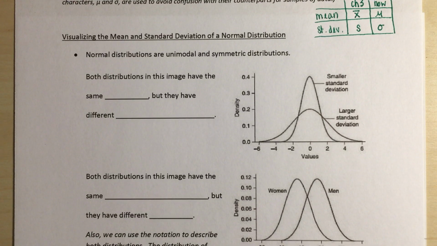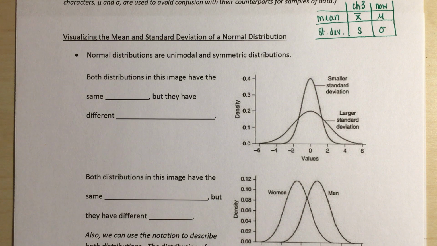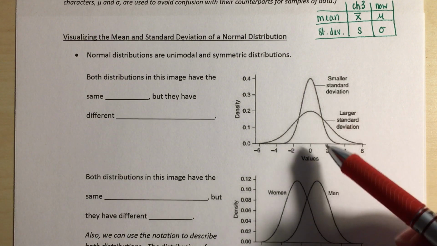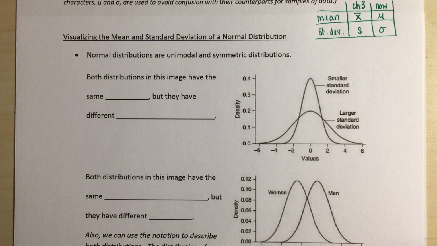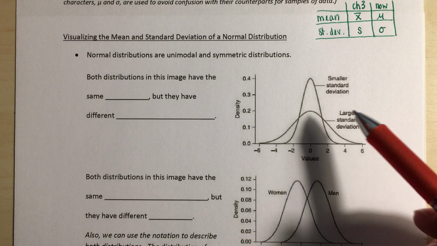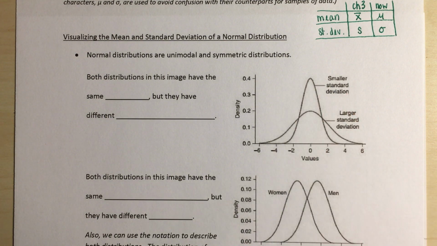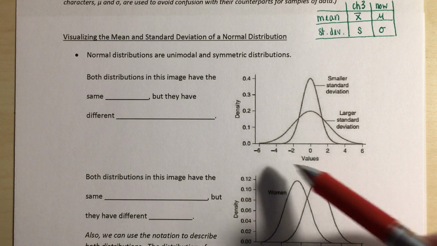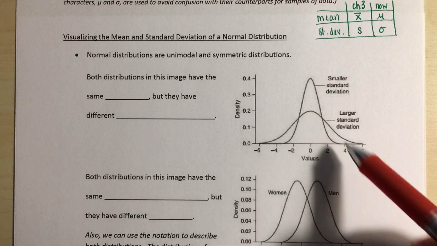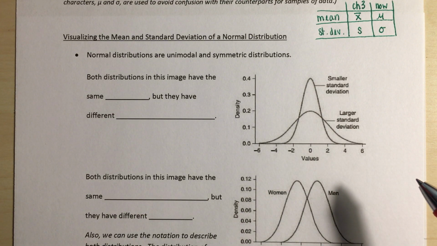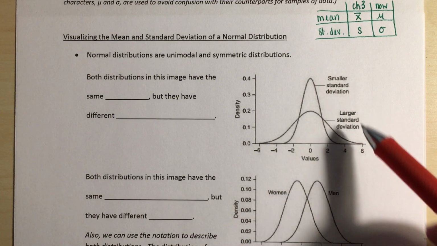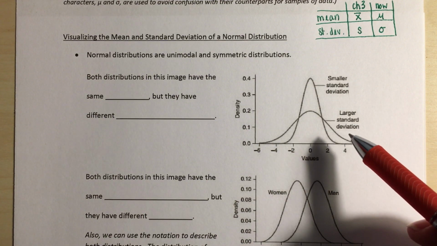Down at the bottom here, we have a couple of different pictures that are comparing some different things. So again, normal distributions are always unimodal and symmetric. In this particular case, notice that these two curves have different heights. Curves that have smaller standard deviations are going to be taller and skinnier. Curves that have larger standard deviations are going to be flatter and wider. So they're different heights because they have different standard deviations.